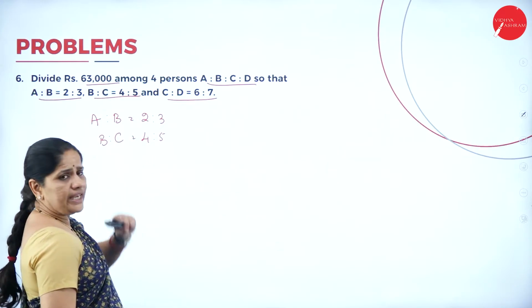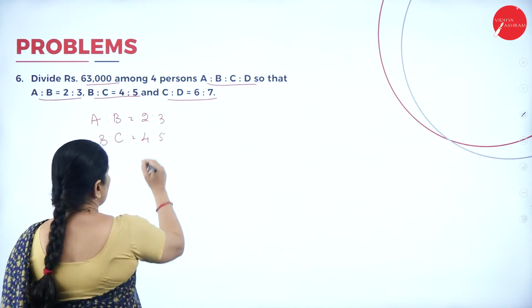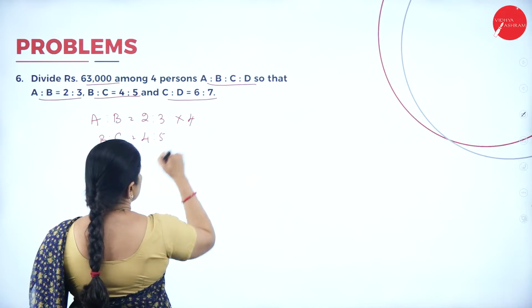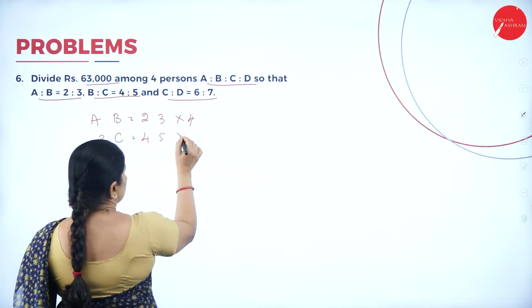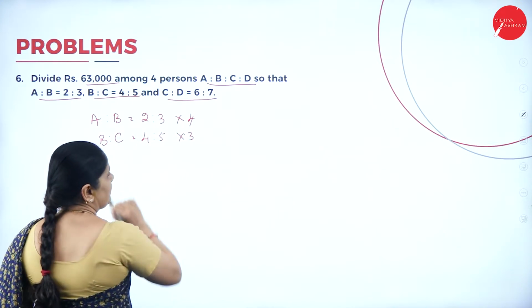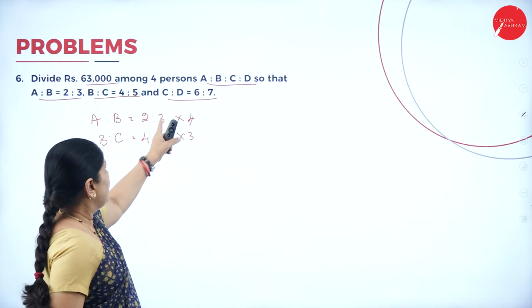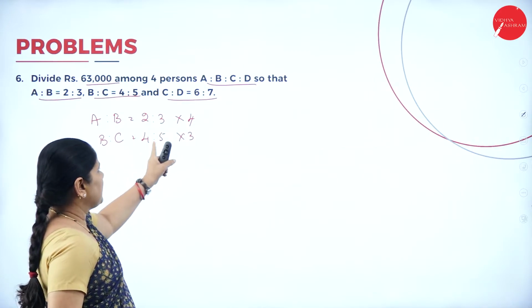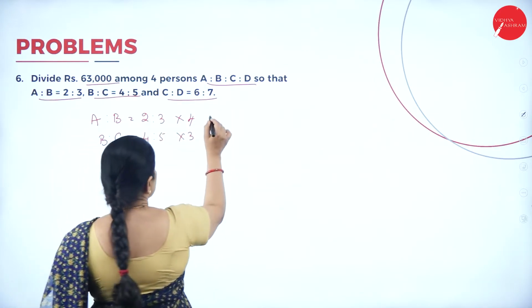How do we equate this B? I will multiply the first ratio by 4 and the second ratio by 3. So, what is the answer I am getting?